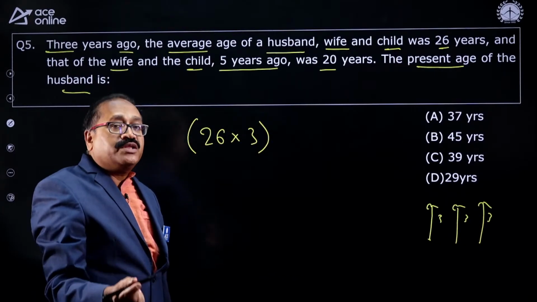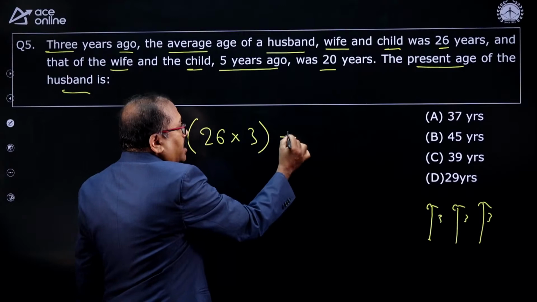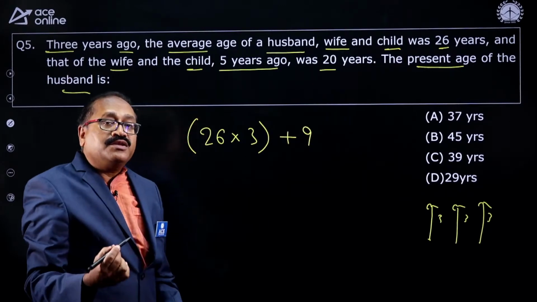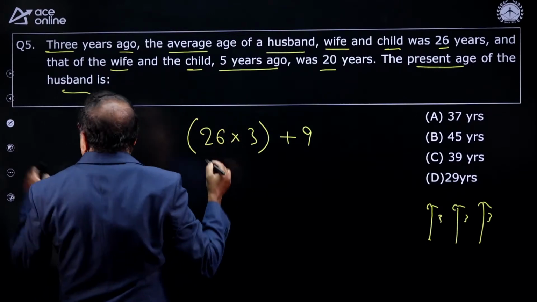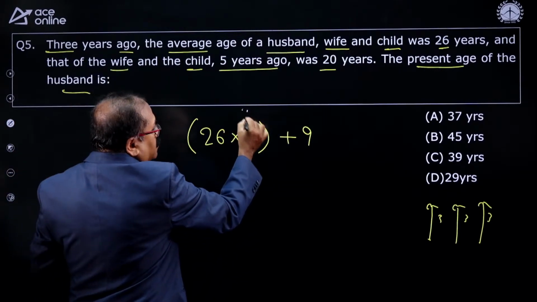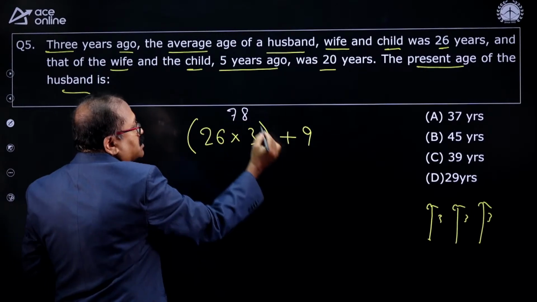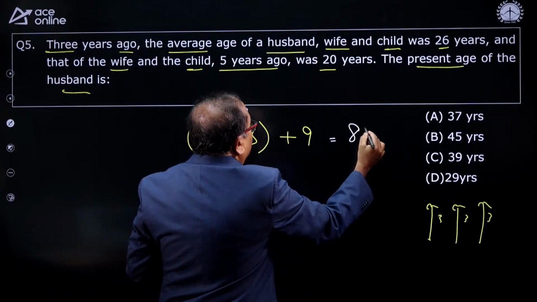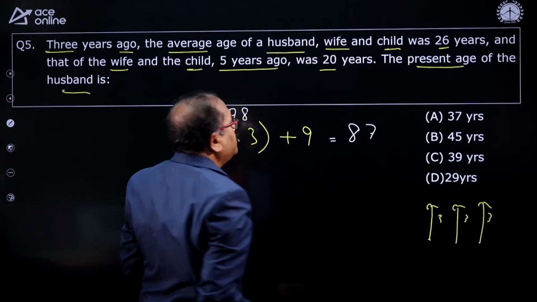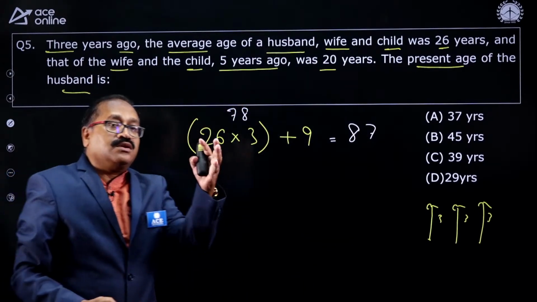What will be the total increase? 9. So add 9 here, and you get the present age of these 3 people. That is 6 threes are 18, carry 1, 6 and 1, 7. The total comes to 78, plus 9 is 87. 87 is the total of these 3 people.